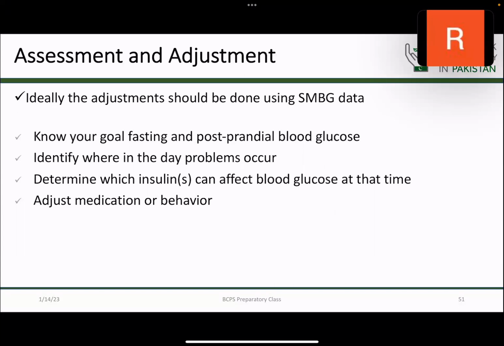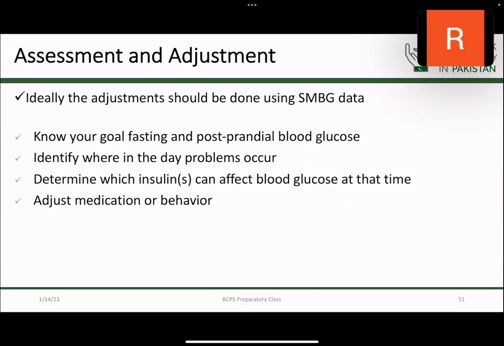You should know the goal fasting and postprandial blood glucose of the patient, and you should identify if some problem is occurring and where in the day it occurs. If the patient deviates from the goal, where is the deviation? Either it is in the fasting blood glucose levels or in the postprandial blood glucose levels.